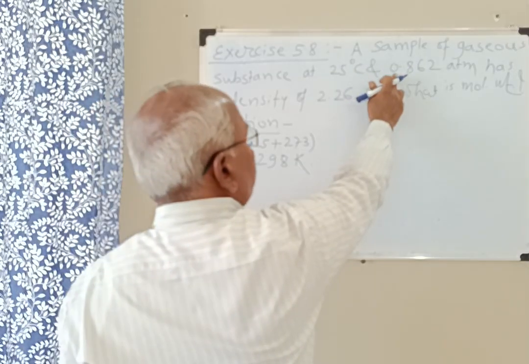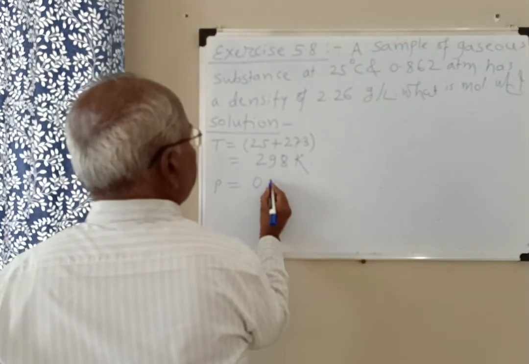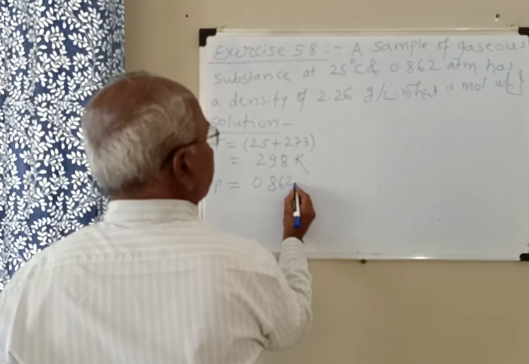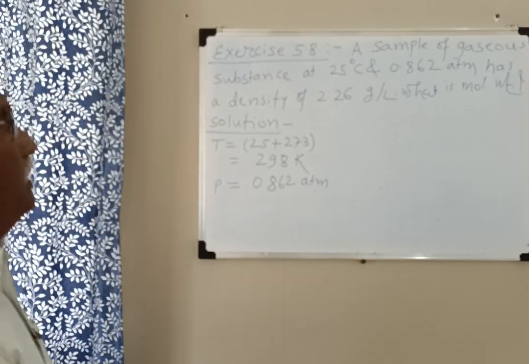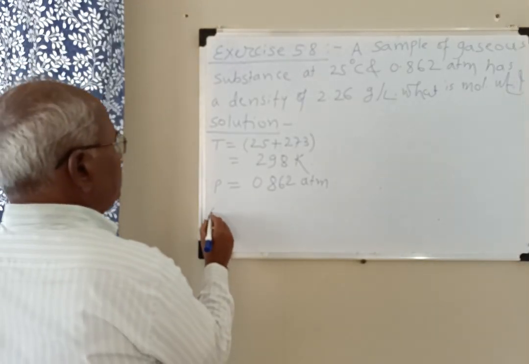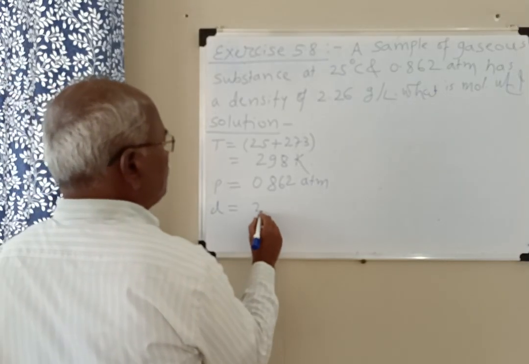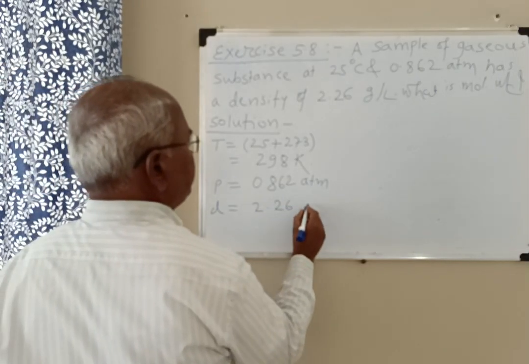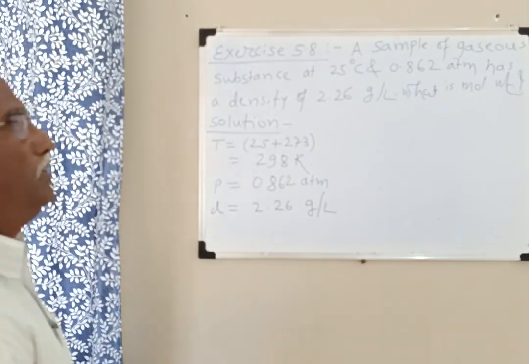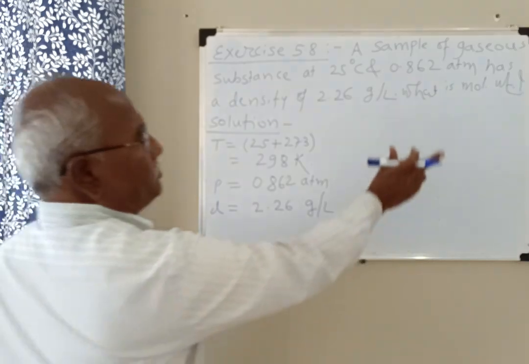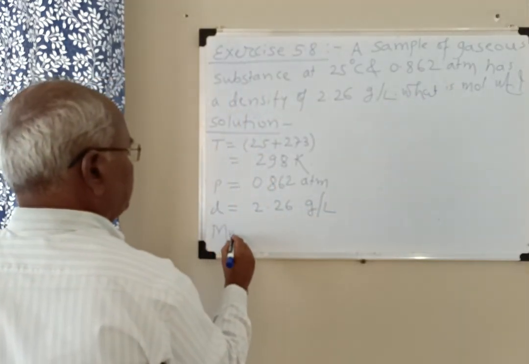Pressure is given, P is equal to 0.862 atmosphere. Density is given, D is equal to 2.26 gram per liter. What is the molecular weight, capital M?